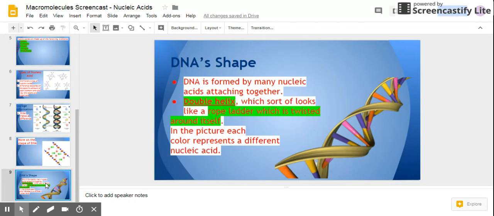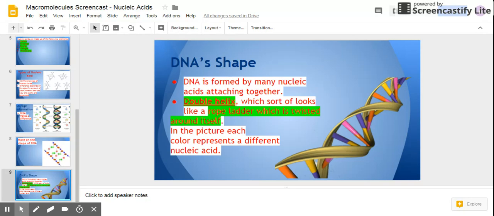All right, so let's just talk a little bit more about DNA's shape. So DNA is sort of this twisting shape that we see here, and that's called a double helix. Double helix because there's two of them, as opposed to what we saw in RNA where there was just one. But one of the ways we can almost picture it is if we think of a rope ladder, and you've got ropes on either side with bars across that are connecting those two ropes.